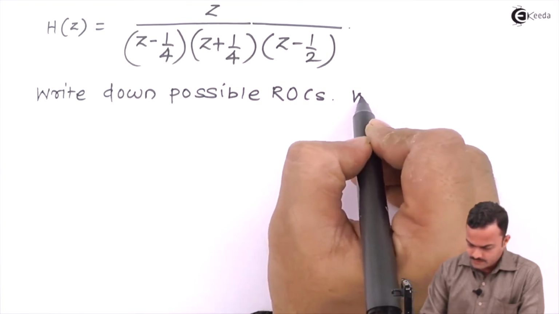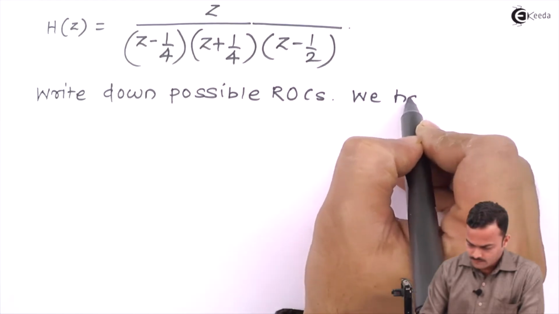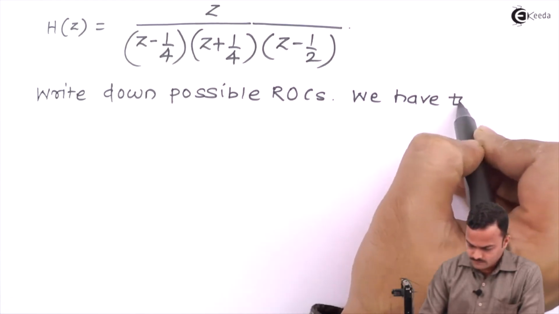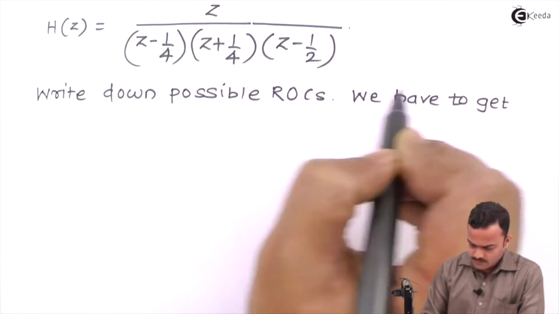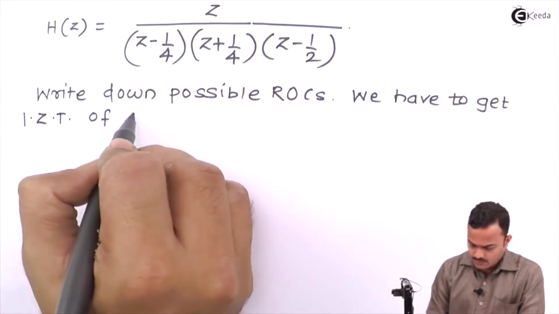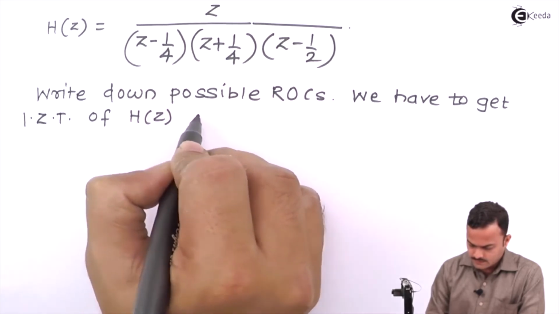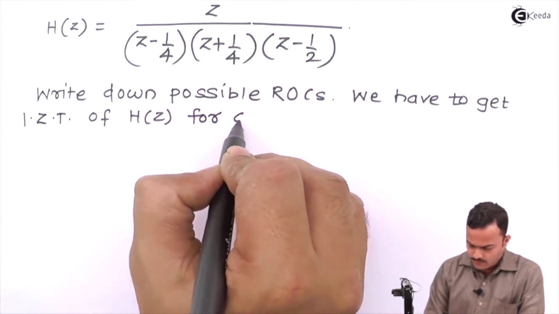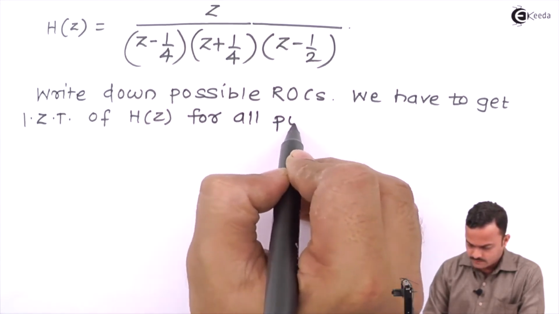And we have to get the inverse Z transform of H of Z for all possible ROCs.